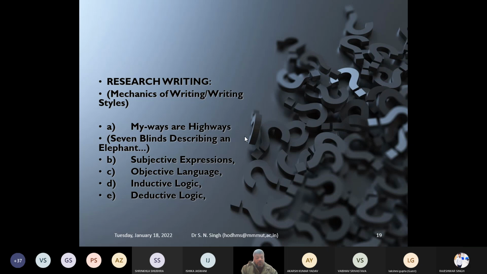To become objective, the very first grammatical requirement is that you avoid using the first person pronoun. Rather, you will try to develop writing in the third person, and then try to be as objective as possible and do justice to the topic.